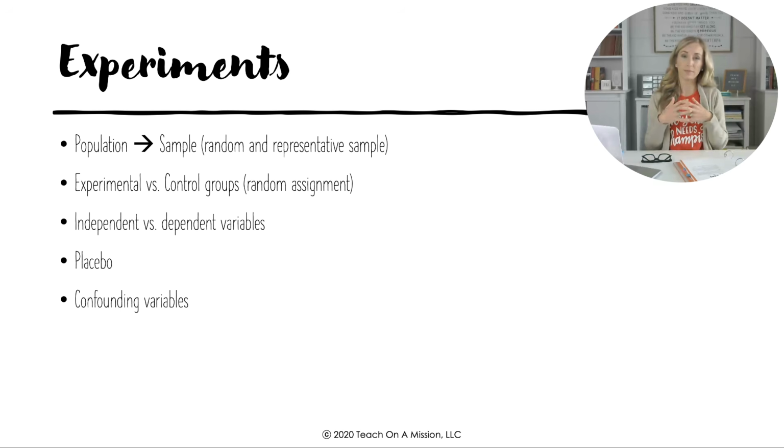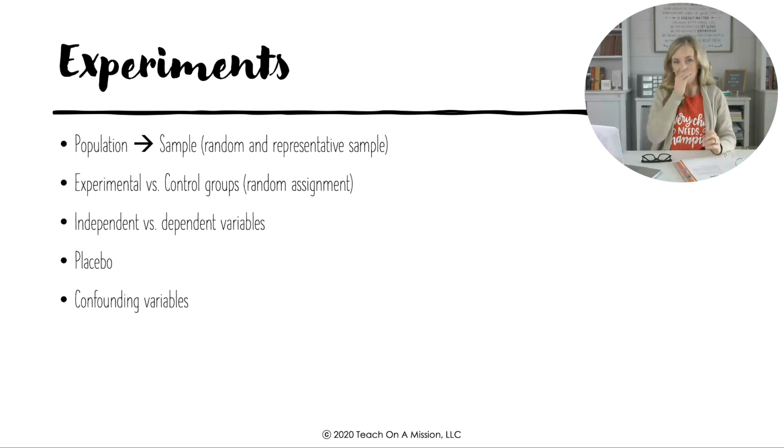The independent variable being what's assigned to the experimental or control group, and the dependent variable being what we are measuring. Confounding variables are any variables that may exist that we don't want to exist that confound our research.